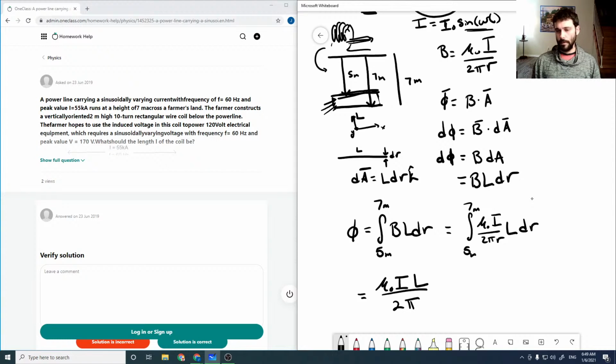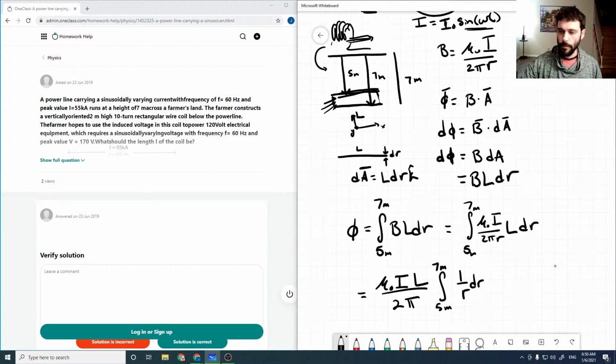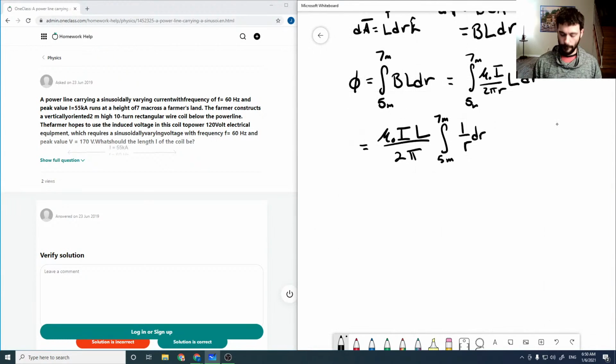And so this is just the integral from 5 meters to 7 meters of 1 over r dr, which is just a ln. So it's mu naught I L over 2 pi ln r from 5 meters to 7 meters.